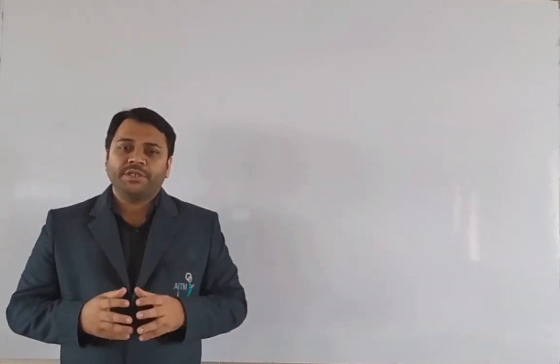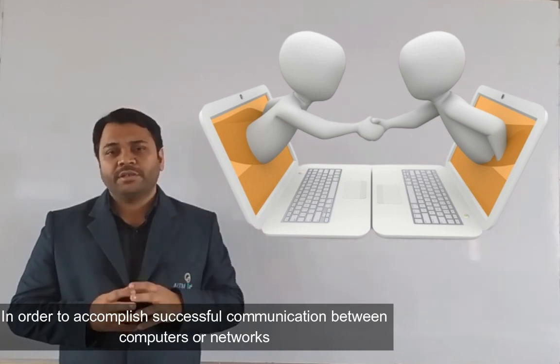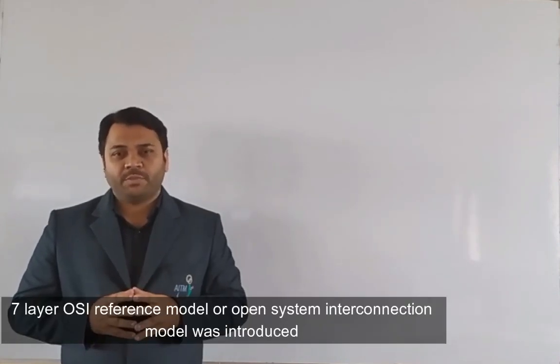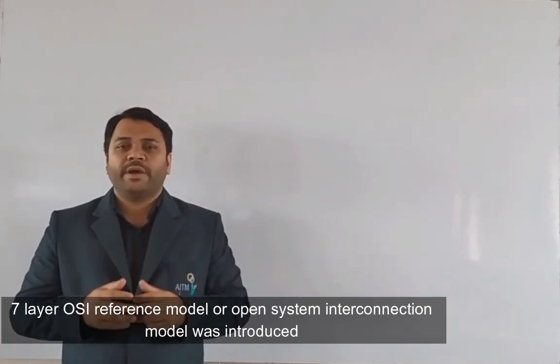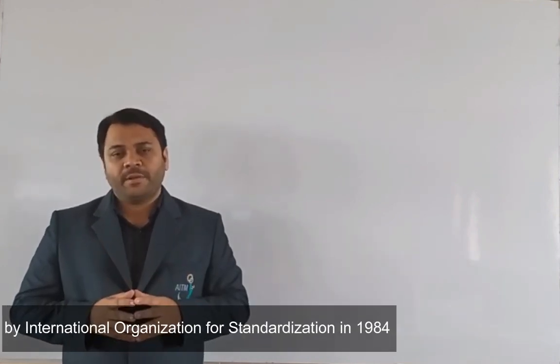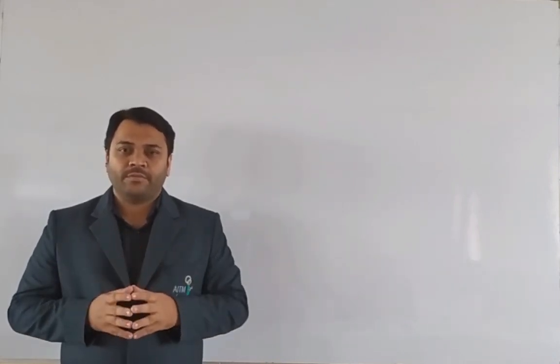In order to accomplish successful communication between computers or networks, the 7-layer OSI reference model or Open System Interconnection Model was introduced by the International Organization for Standardization in the year 1984.